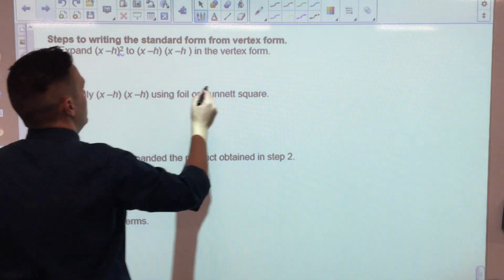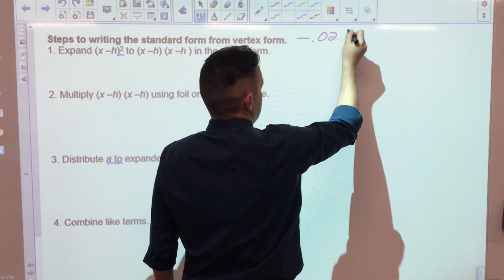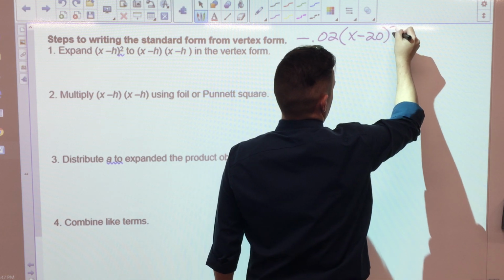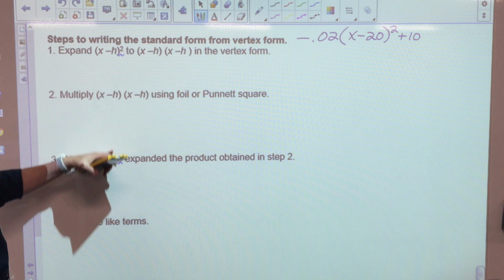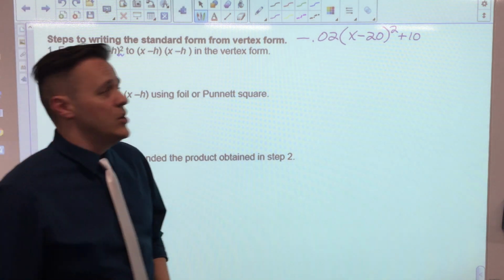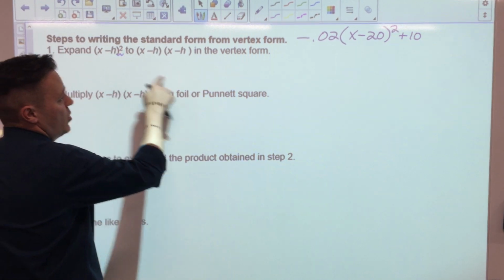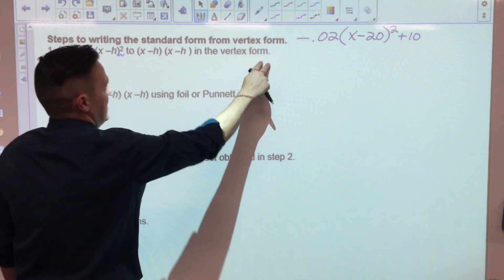All right, so now what we're going to do, and I'm going to write this again so I don't forget it, negative 0.02 (x minus 20) squared plus 10. Okay, so now this is the very bottom where everybody started getting confused. What you're going to do is take x minus h squared, which is this in my equation, and expand it out from vertex form.